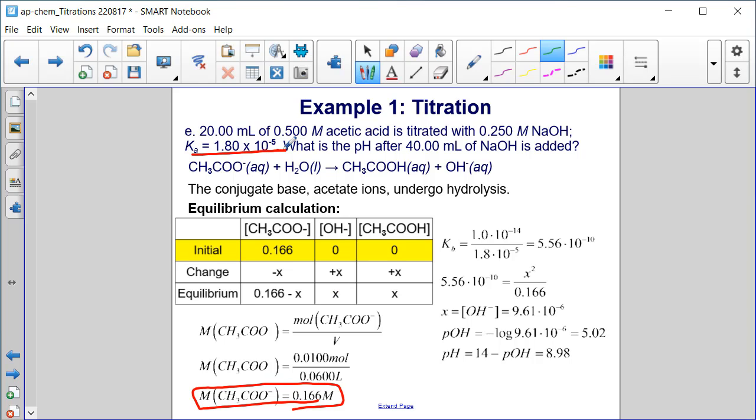We need to find Kb, which is Kw, 1 times 10 to the minus 14, over the Ka provided, 5.56 times 10 to the minus 10.